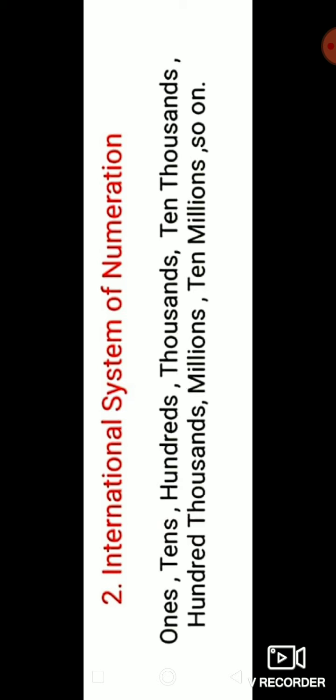Today we'll learn about the topic International System of Numeration. In the International System of Numeration, we represent the place value numbers in terms of ones, tens, hundreds, thousands, 10,000s, 100,000s, millions and 10 millions, and so on.